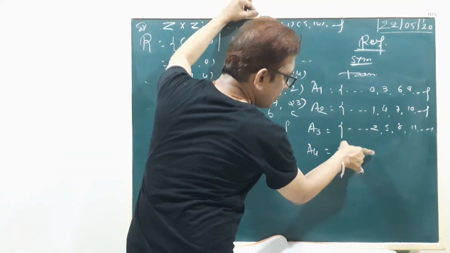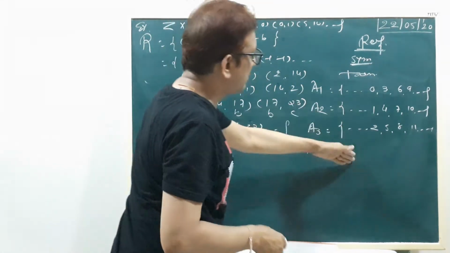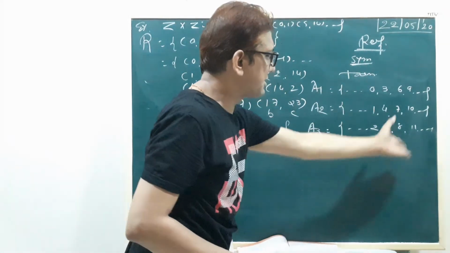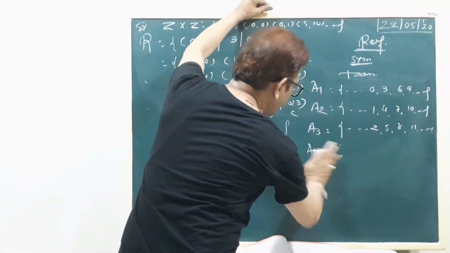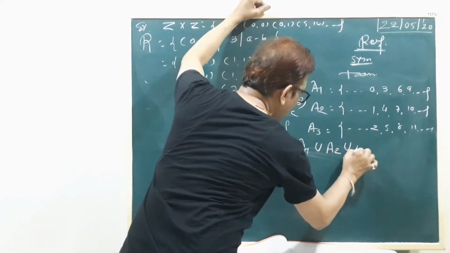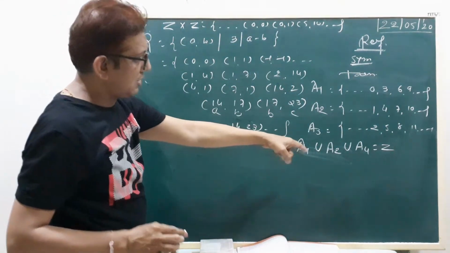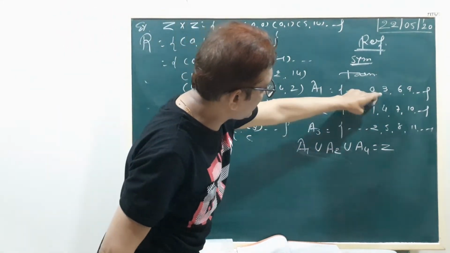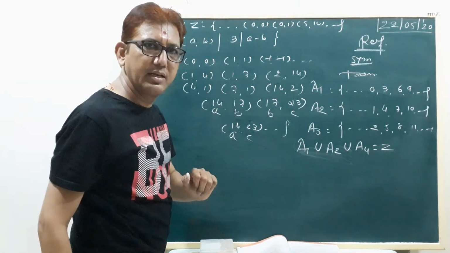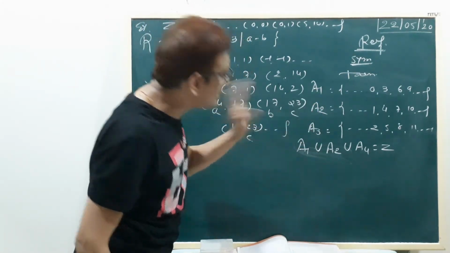The next number after 2 is 3, but 3 is already here, so we do not write a new set; if we write 3, it is the same line: 3, 6, 9. Right? So here A4 is not possible. So A1 union A2 union A3 equals Z: the union of these is 0, 1, 2, 3, 4, 5, 6, 7, 8, and in the left side also negative numbers. Clear? So this one is called equivalence classes.